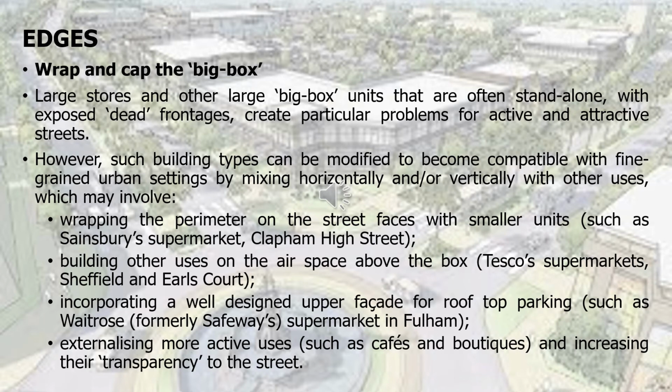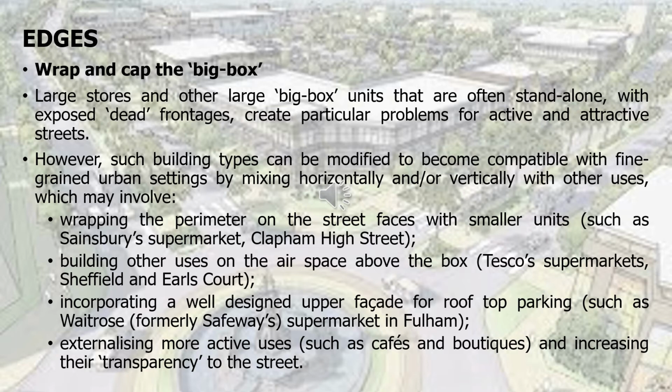Large stores and other big box units are often standalone items with exposed large dead frontages, which create particular problems for active and attractive streets, right? So these facades are not very interesting, not very attractive.